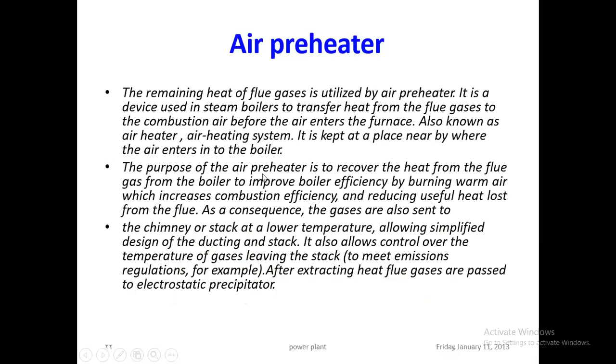The purpose of the air preheater is to recover the heat from the flue gas of the boiler to improve boiler efficiency by supplying warm air, which increases combustion efficiency. That's the main thing, that we are using the air preheater in our steam power plant to increase the efficiency of the furnace and save cost and fuel.